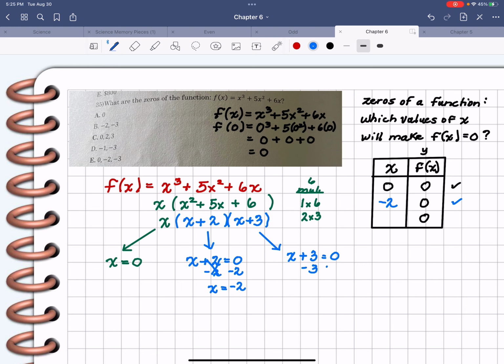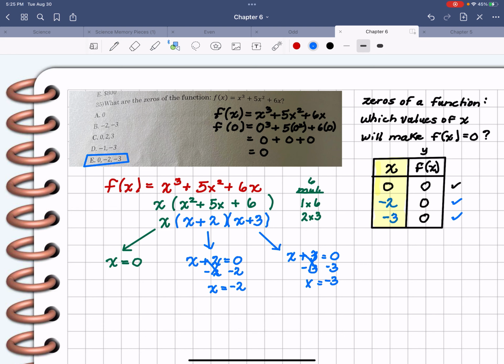And in order for that to be true, the x would have to be negative 3. That makes a 0 output. So once you do that 3 times, you have your x values that will give a 0 in the output. So I would go with answer E, 0, -2, and -3.